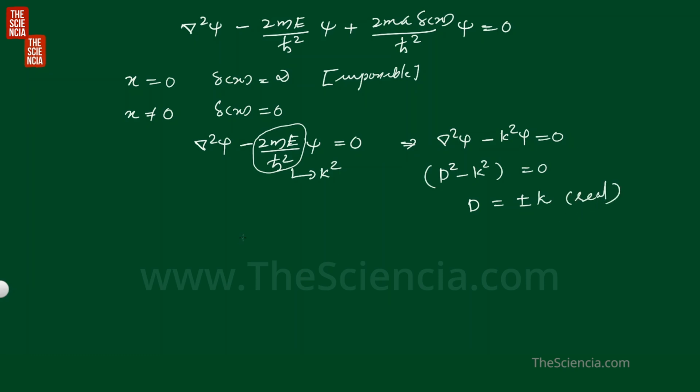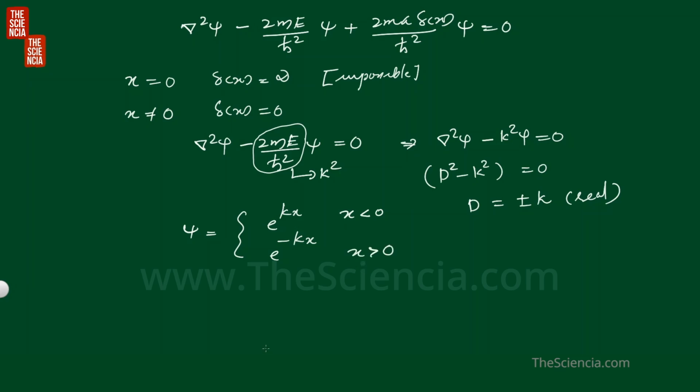So for real values, the solution psi will have two parts, one is e raised to kx and one is e raised to minus kx, where the e raised to kx solution we obtain for x less than 0 and this one we obtain for x greater than 0.